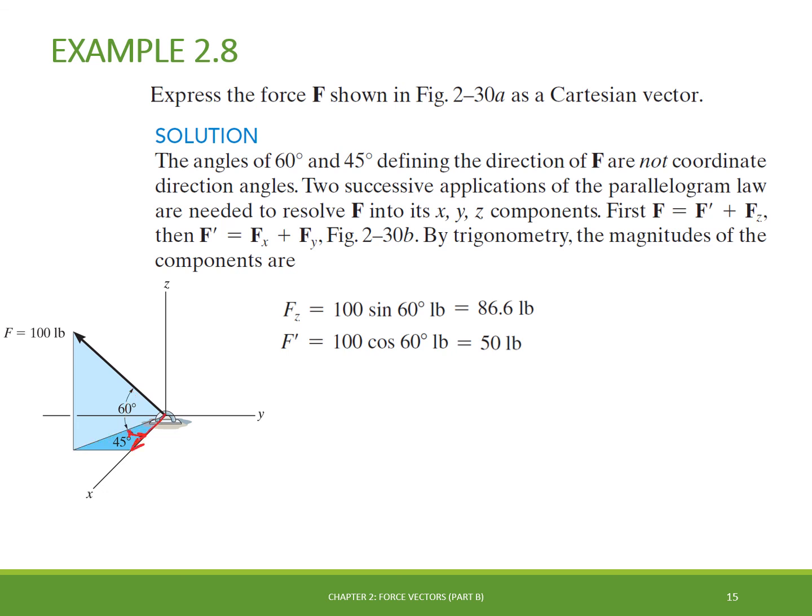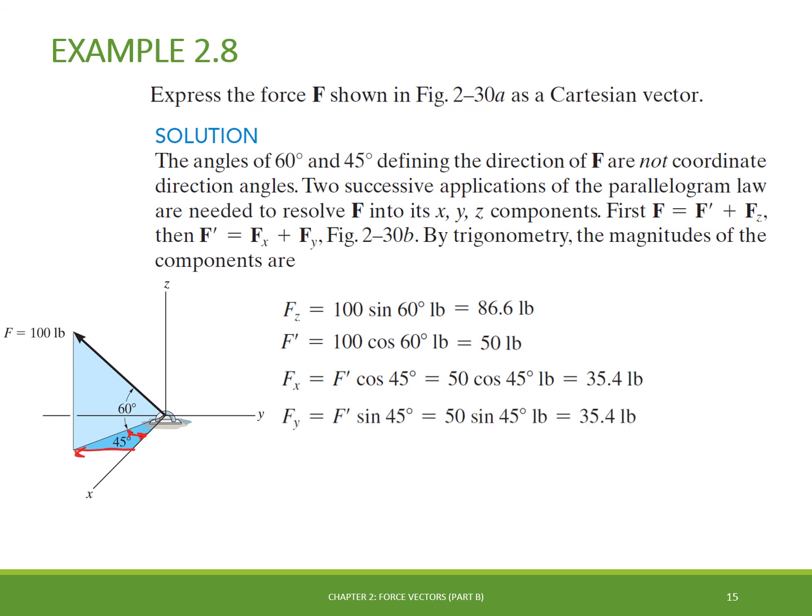Now, let's take the 45 degrees angle. If we multiply its cosine by the magnitude of F prime, then we get the component of F in the x-axis, which is calculated as 35.4 pounds.